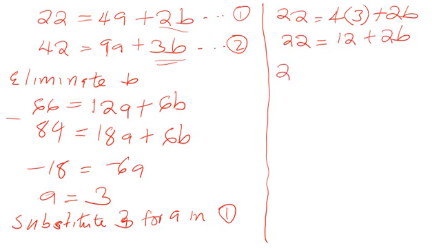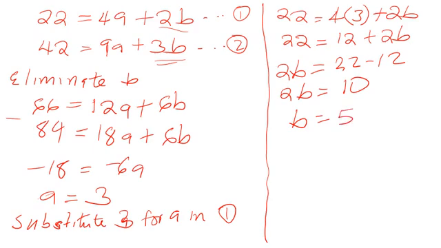So 2b will be equal to 22 minus 12, that gives you 10. So you have 2b is equal to 10, which means b will be equal to 5, dividing both sides by 2. Okay, so we have found the value of b.